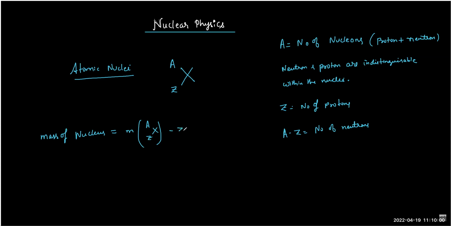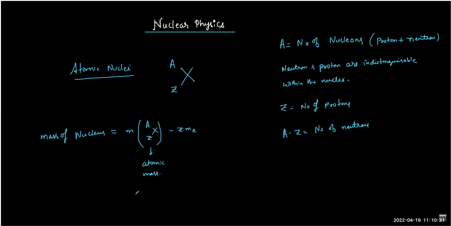So if I remove all the electrons, this is the way of writing the mass of the nucleus. To represent the mass of the nucleus, we have to subtract the mass of the electrons from the atomic mass. This is the atomic mass. Okay.